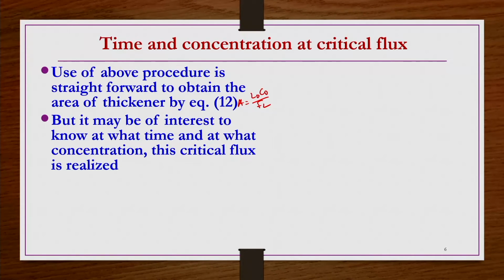However, it may be of interest to know at what time and at what concentration this critical flux is realized. That is going to be additional information, and from it also we can calculate the required area for a given thickener duty. Okay. So, that we are going to see now.